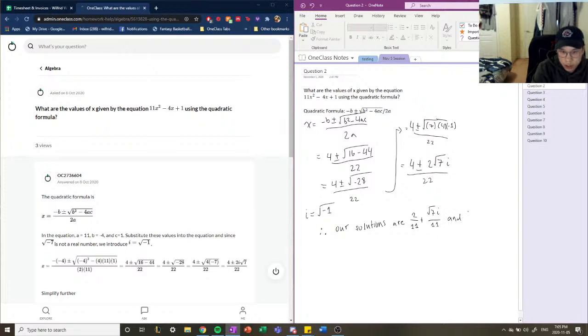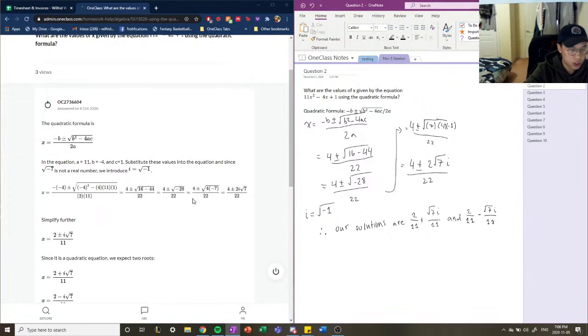And our negative solution is going to be 2 over 11 minus root 7 times i over 11. So that's our positive solution and our negative solution. And these values of x will solve our quadratic equation when y equals 0. Okay?